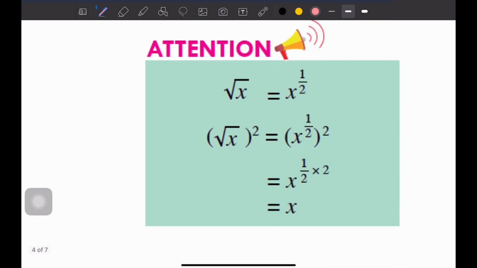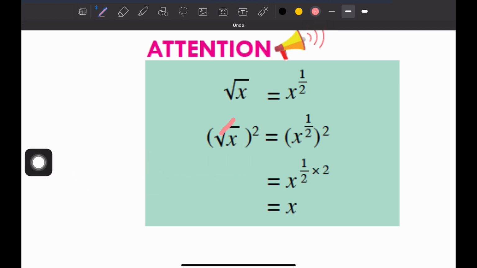This one pula. If you have square root of x, it is also the same as x power of 1 over 2. So for example, if you have square root of x, lepas tu kita square kan. Kalau tadi kita tahu, kalau ni jumpa ni dia akan hilangkan tinggal x. Betul? Sekarang tengok macam mana dia buktikan.